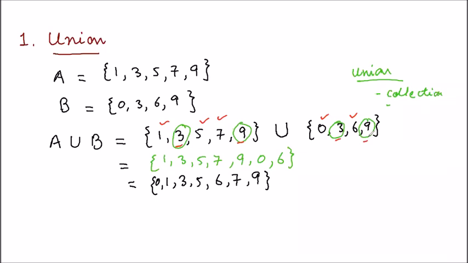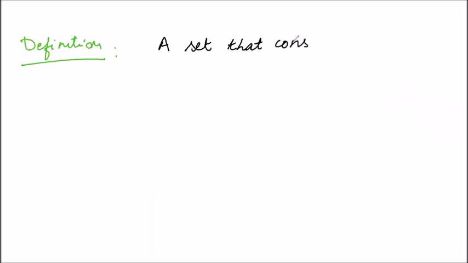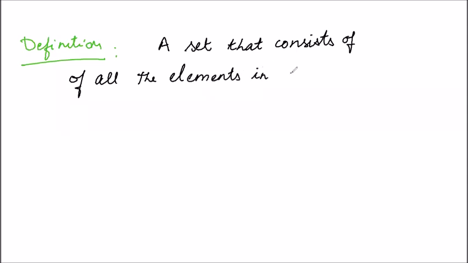So now we can define union of two sets as a set that consists of all the elements in A, in B, or in both.